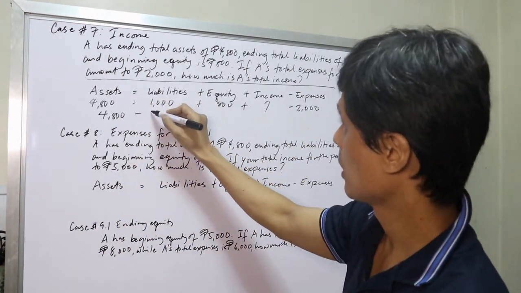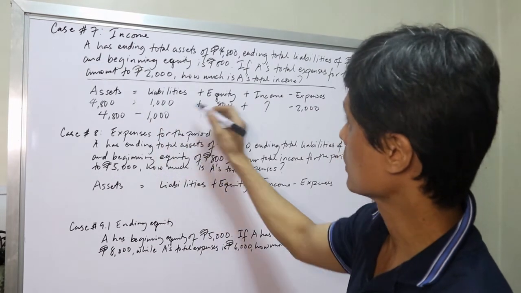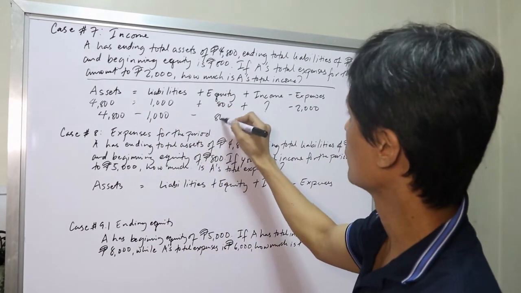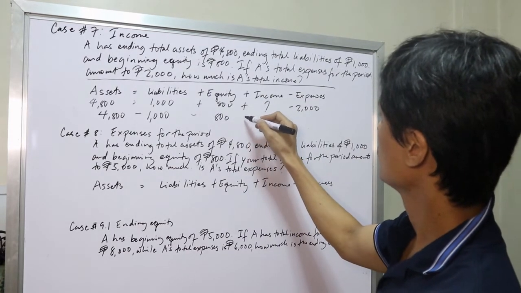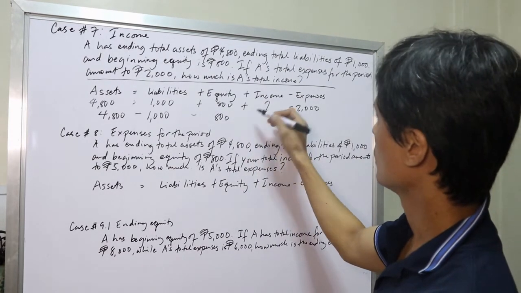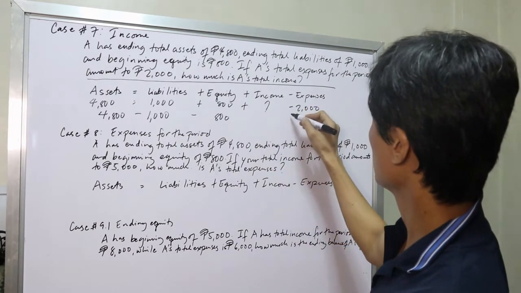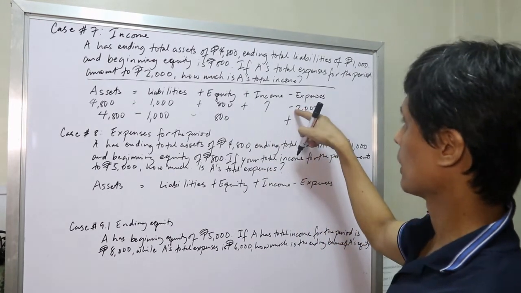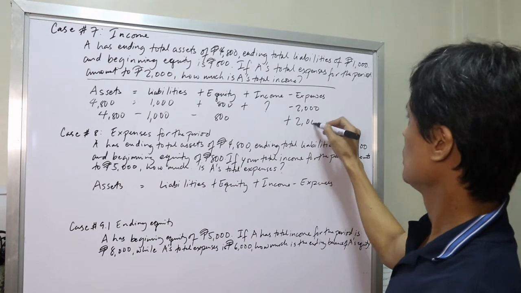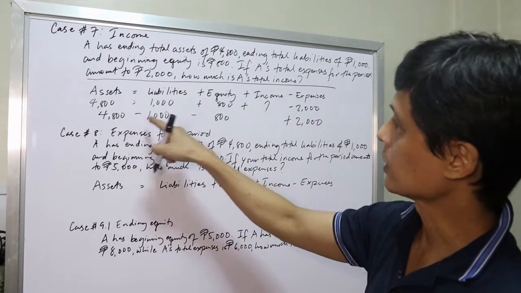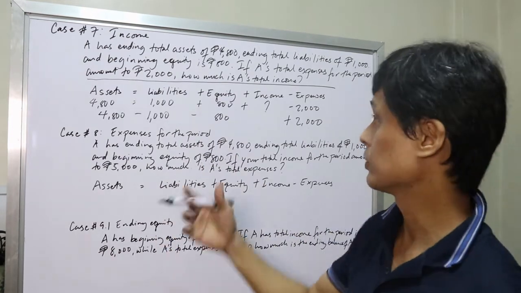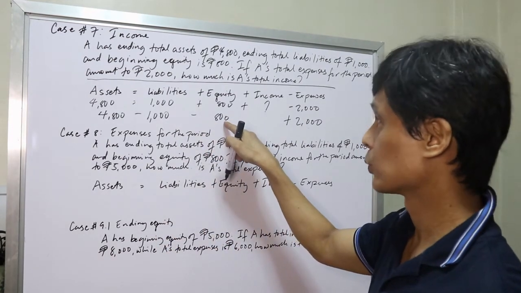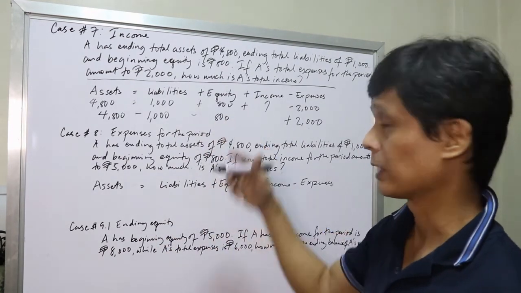Minus 1,000, minus 800, yung income mo na is, well, wala pa siya. Pero i-add mo naman to, so from negative to positive. Okay, so 4,800 minus 1,000 would give you 3,800. Minus 800 would give you 3,000.